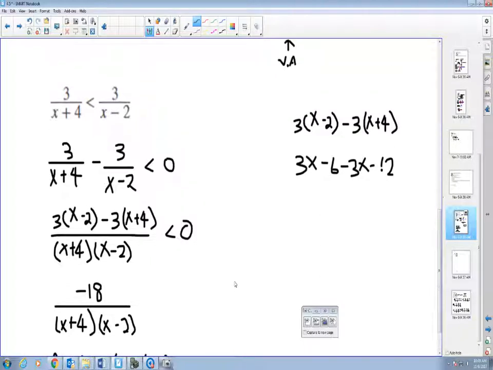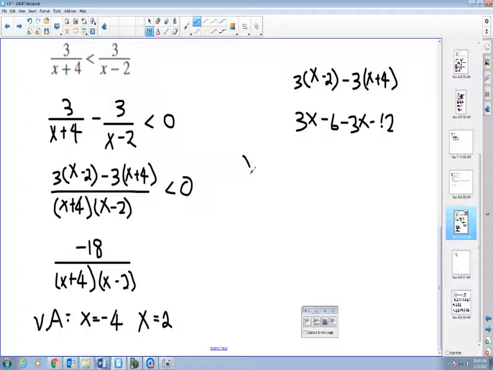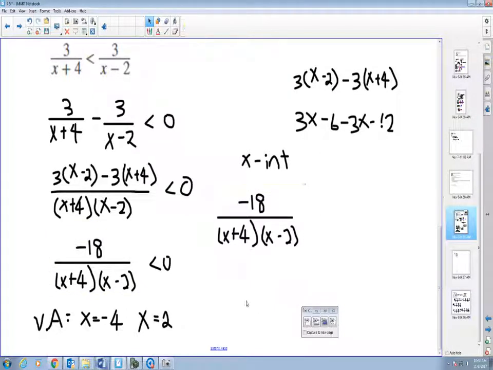By simplifying ahead of time, it also helps us to find the x-intercept or the real zeros, because now I'm going to solve for x when y is equal to 0. So all I'm going to do now is set this whole thing equal to 0.